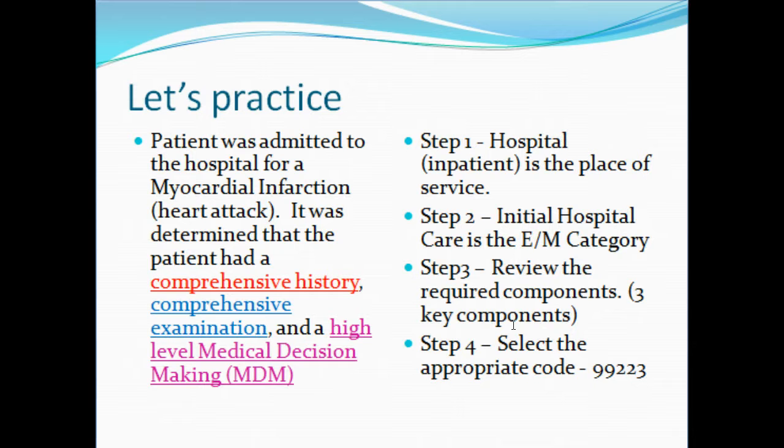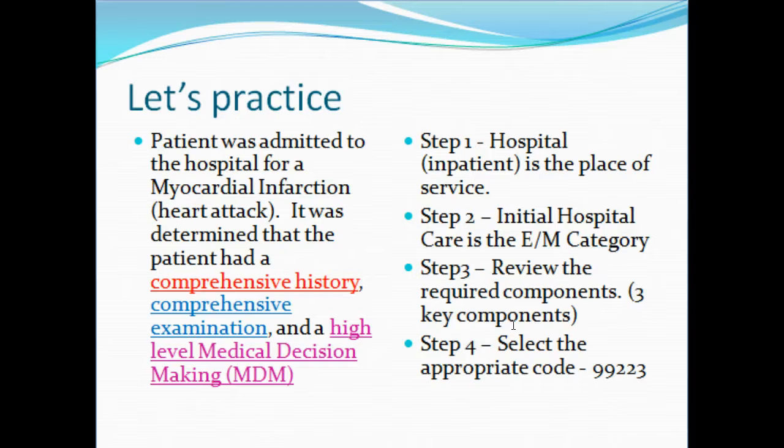Let's practice. Let's say a patient was admitted to the hospital for a myocardial infarction, which is a heart attack. It was determined that the patient had a comprehensive history, comprehensive examination, and high-level decision making. So for step 1, you have to figure out the place of service. And of course, it's the hospital and the patient's in the inpatient setting. So the E&M category, if you look at step 2, will be initial hospital care.